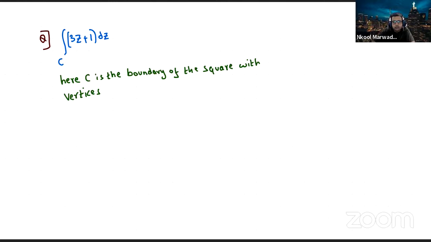The points are z equal to 0, z equal to 1, z equal to i, and 1 plus i. Because a square has 4 vertices, all 4 vertices are given: 0, 1, 1 plus i, and i.